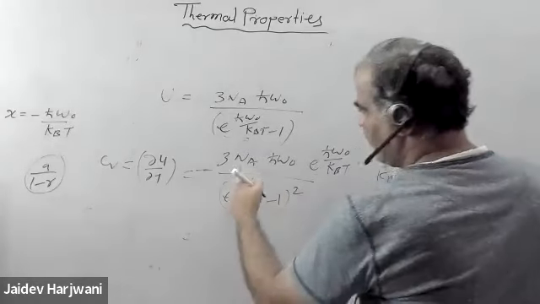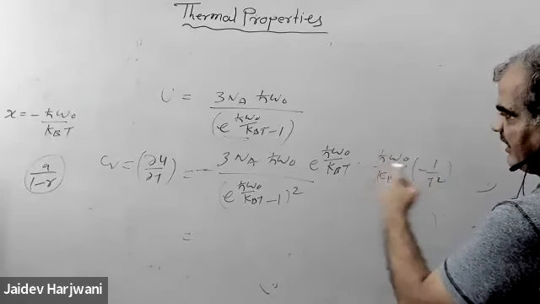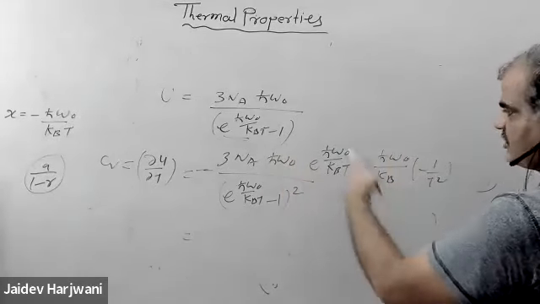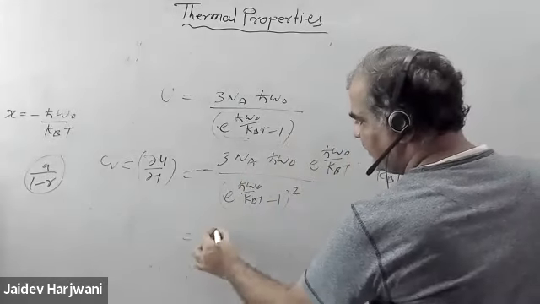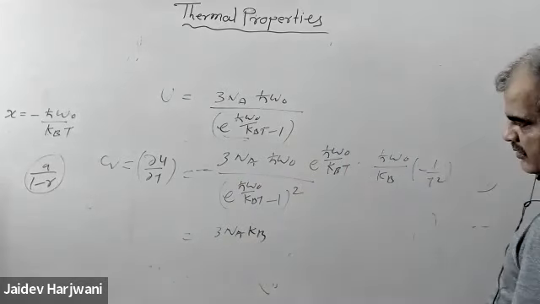Now what I'm multiplying here, kb is there. I want to make kb square so that I can make this square. So I'm multiplying by kb here. So this becomes 3 Na kb.